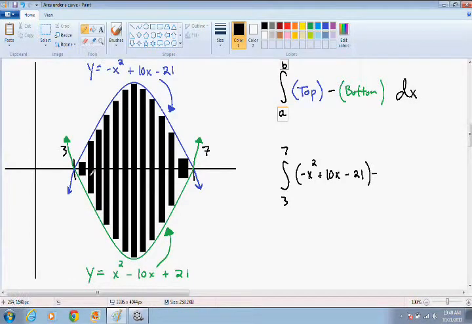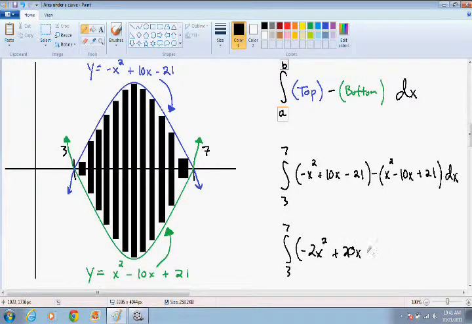Notice how the bottom of every one of our rectangles touches our green function, which is x squared minus 10x plus 21, dx. This can be simplified even further and becomes the integral from 3 to 7 of negative 2x squared plus 20x minus 42 dx.